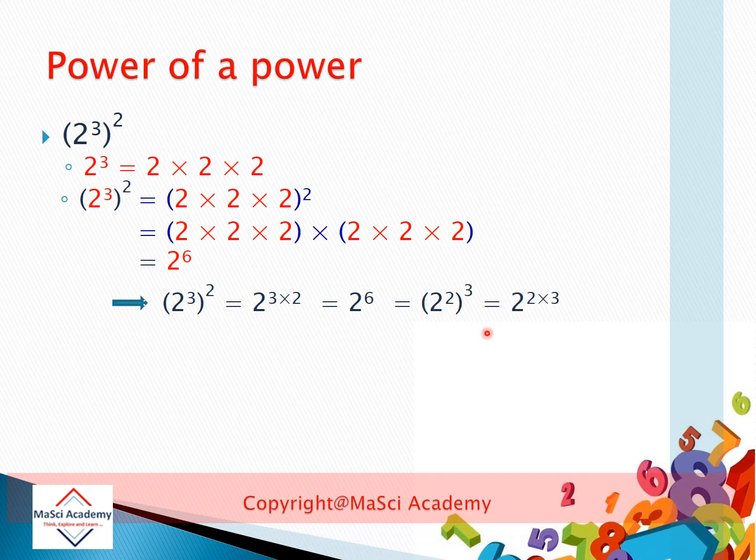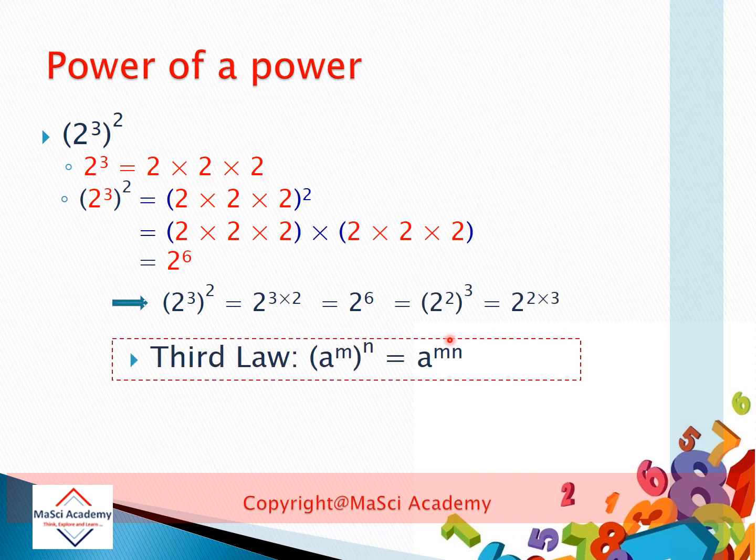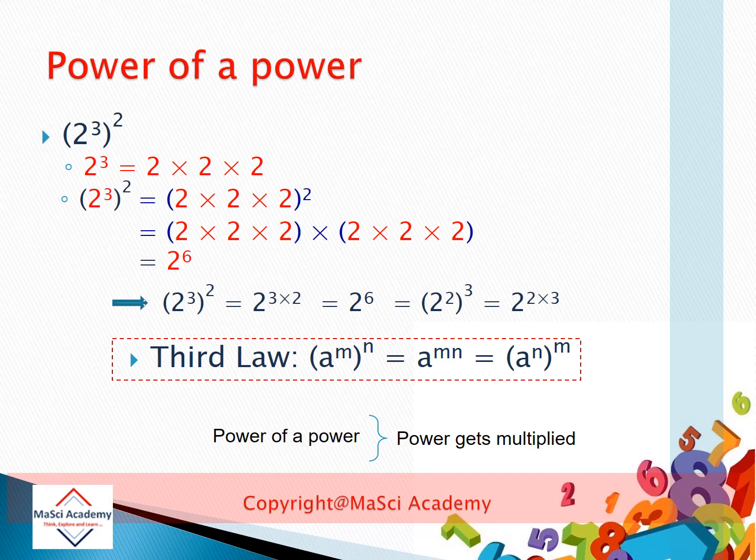This is the third law of exponents, which says any number a to the power m whole to the power n gives a to the power m into n as the answer. Thus, power of power involves multiplication of the two powers to get the exponent of the result.